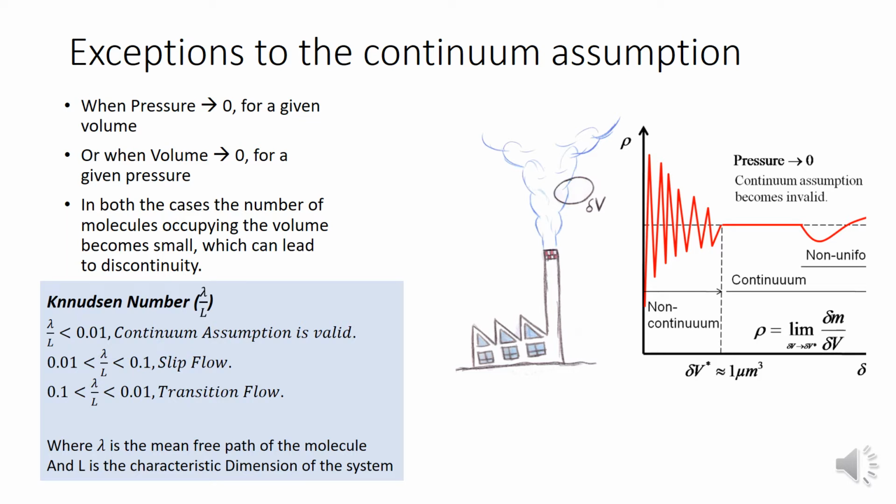If the Knudsen number is between 0.1 and 10, then we have to take transition flow, and if it is greater than 10, we have to take free molecular flow. There the molecular properties are to be taken to a greater extent. For our course we are taking the continuum assumption.